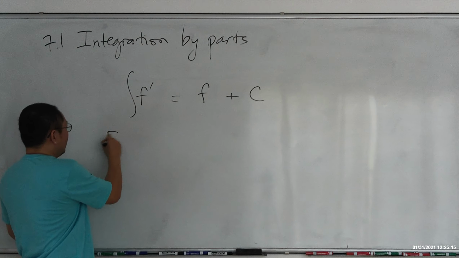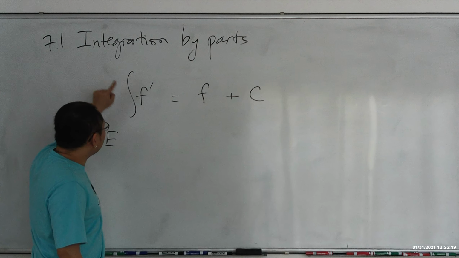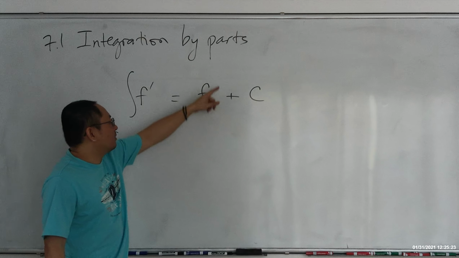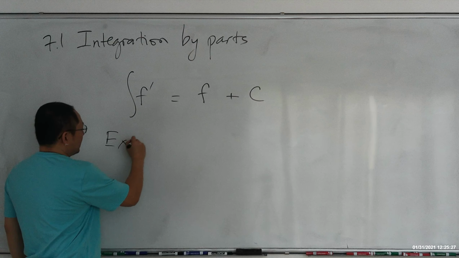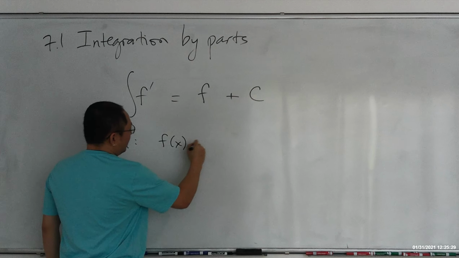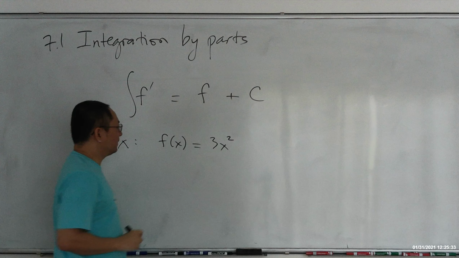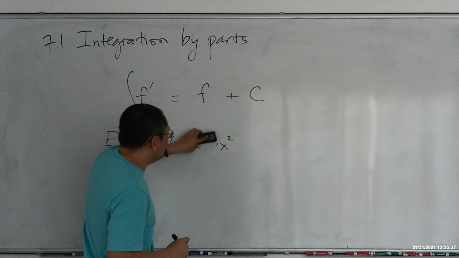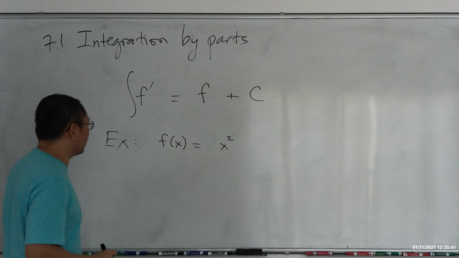Example, to make sure that you all get it. This is the first thing I want to show you. The integral of the derivative of a function is the function itself, of course plus a constant, because when you take the derivative of a constant, you get 0. Example, say I have f of x equal to x squared.